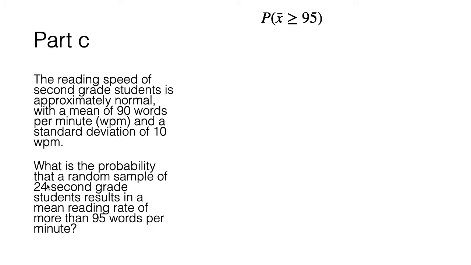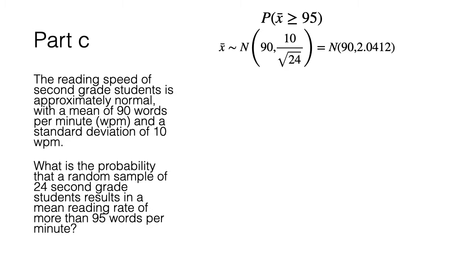Because the sample size changed, the distribution of X bar changed. X bar is no longer distributed normal 90, 10 over root 12. It is now distributed normal 90, 10 over root 24, which gave me a normal 90, 2.0412.